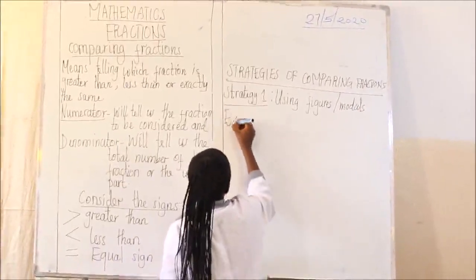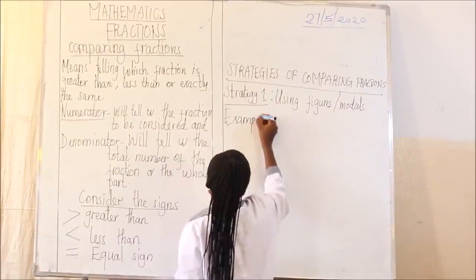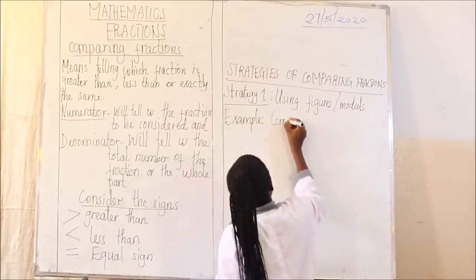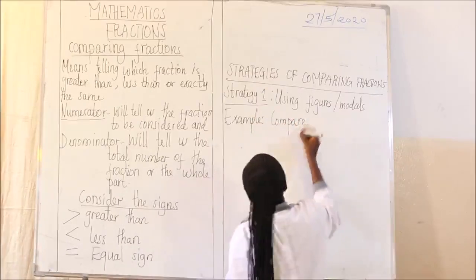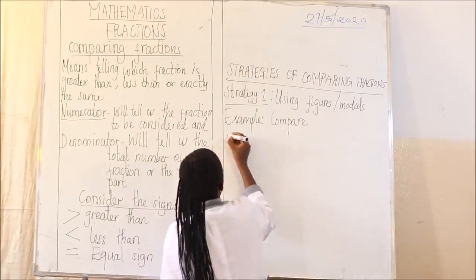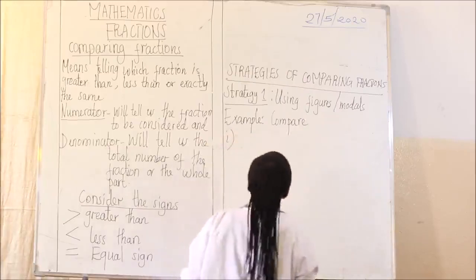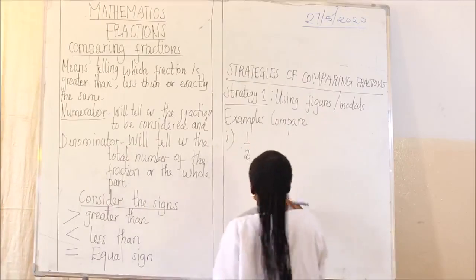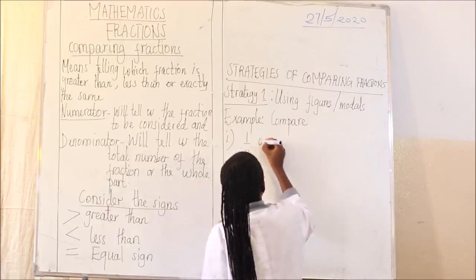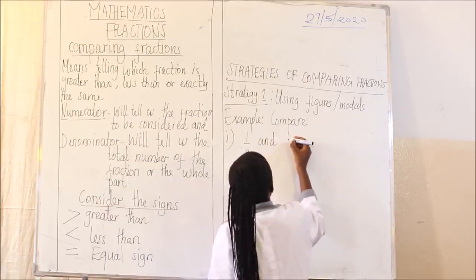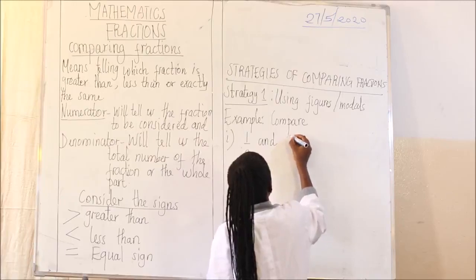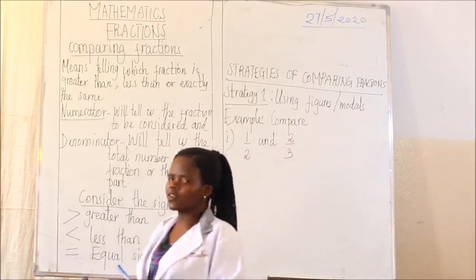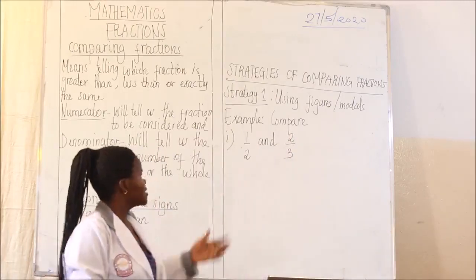Example, Roman 1: compare 1/2 and maybe let's say 2/3. So we are comparing the two fractions. The first one is 1/2 and the second one is 2/3.